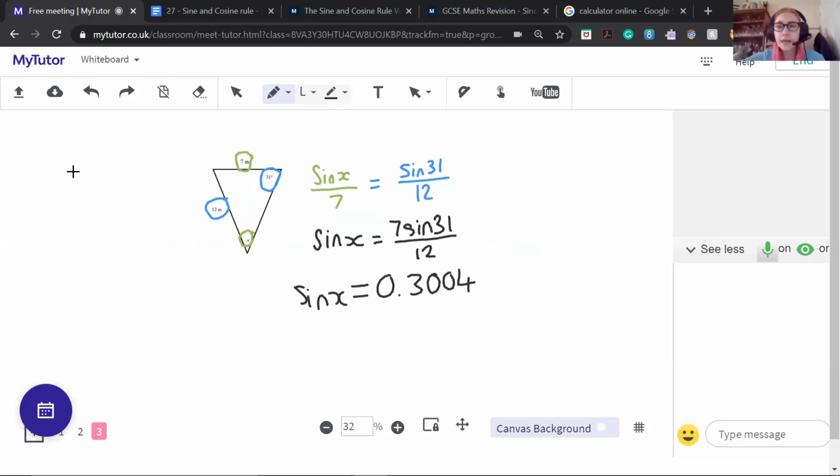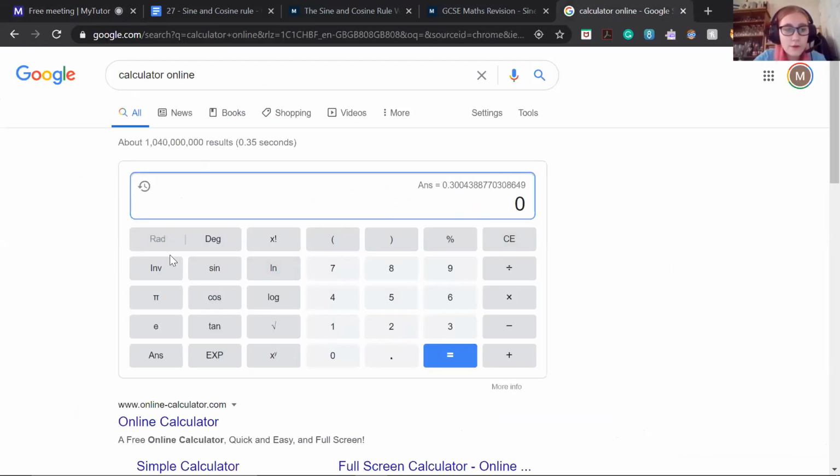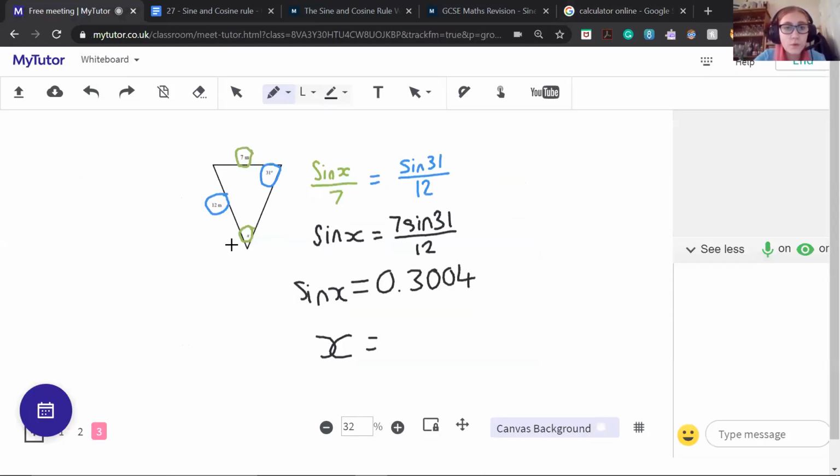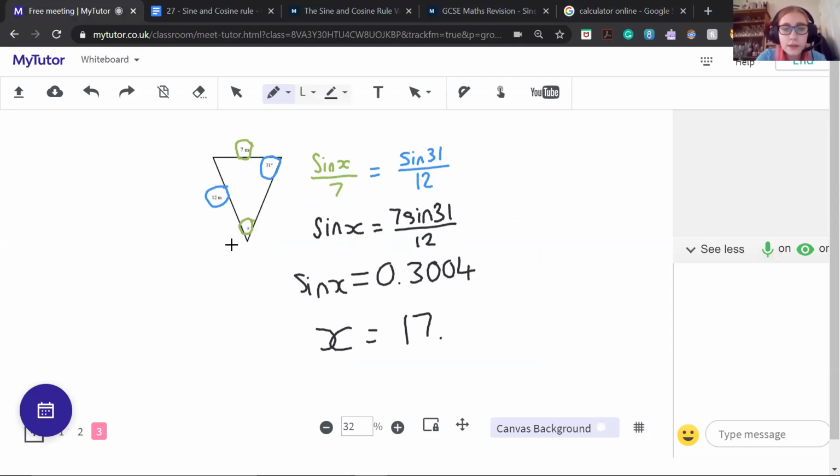It's just how like multiplication and division are opposites, addition and subtraction are opposites, sine and inverse sine are opposites. So to kind of unsine this, we inverse sine it. So we do the inverse sine of 0.3004. And we get 17.48 or 17.5 if we're rounding it, and that's in degrees.